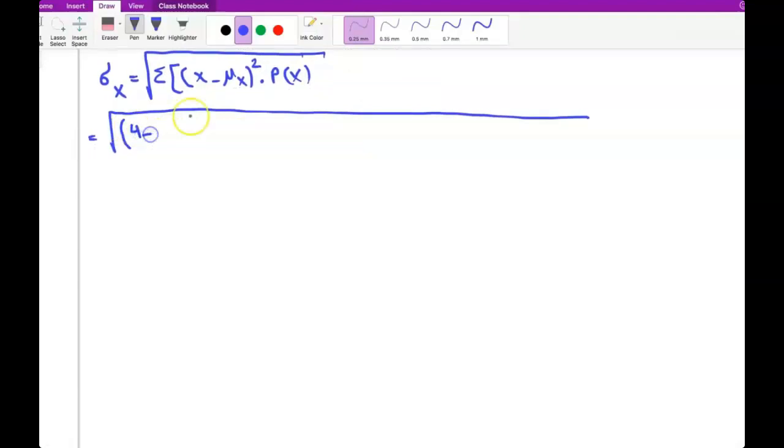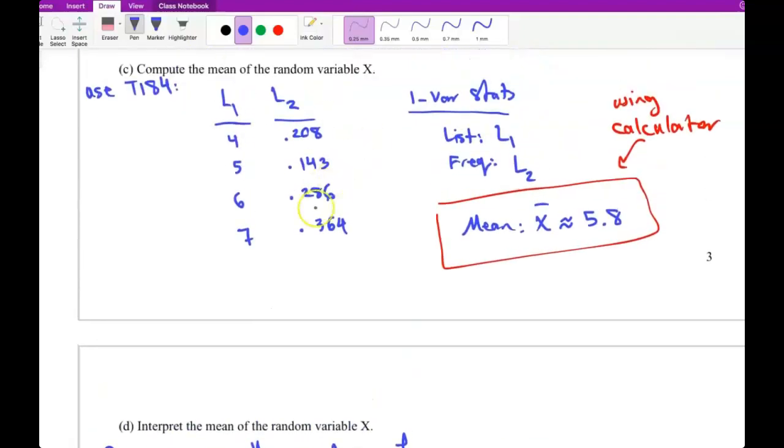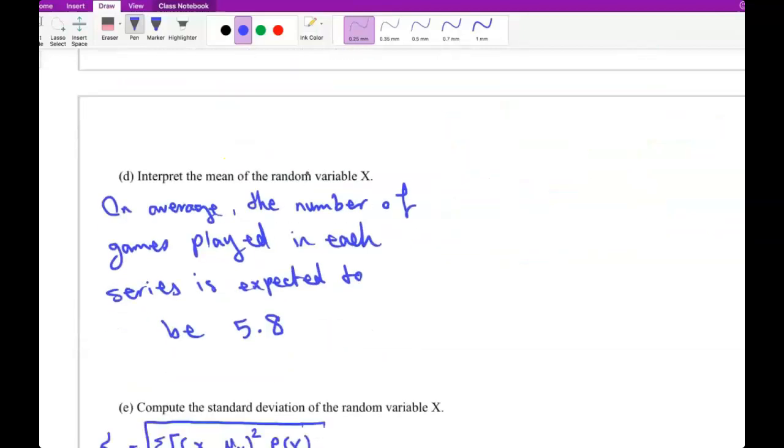So 4 minus mean from previous part is 5.8, then square, times probability of x is 0.208. So times 0.208, then plus 5 minus, again, mean, square, times probability of x. See, this column is probability of x based on what x is. Now for x equal to 5, probability of x is 0.143.